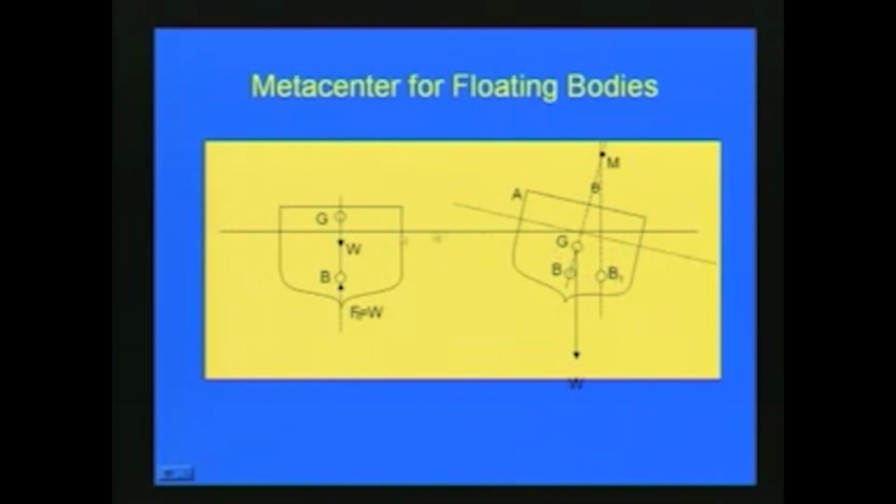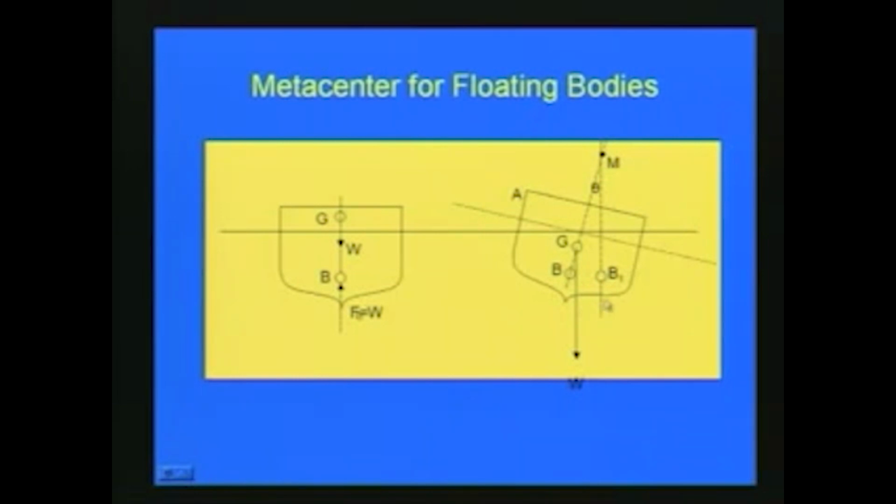Then you can see that this line is shifted in this direction, so that the new position of the body is an inclined position like this. Due to this effect, the shape of the displaced liquid slightly changes, and the center of buoyancy shifts from B to B1.